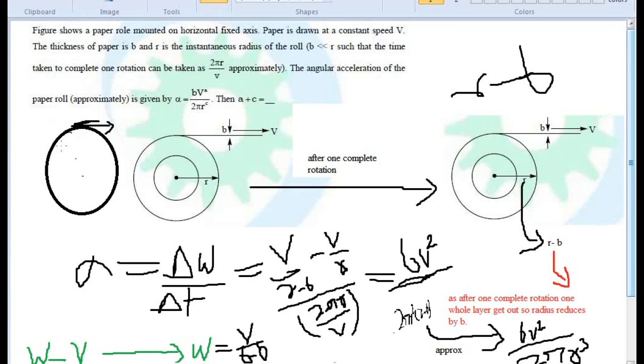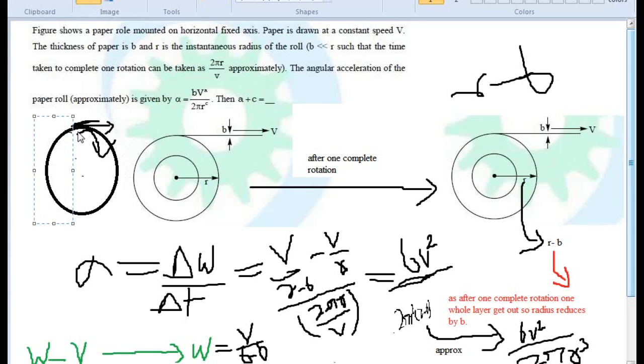This part will go here because this is B, and so omega will be in this direction, that is clockwise. So this part will go here, but now the part over here will have the same radius.